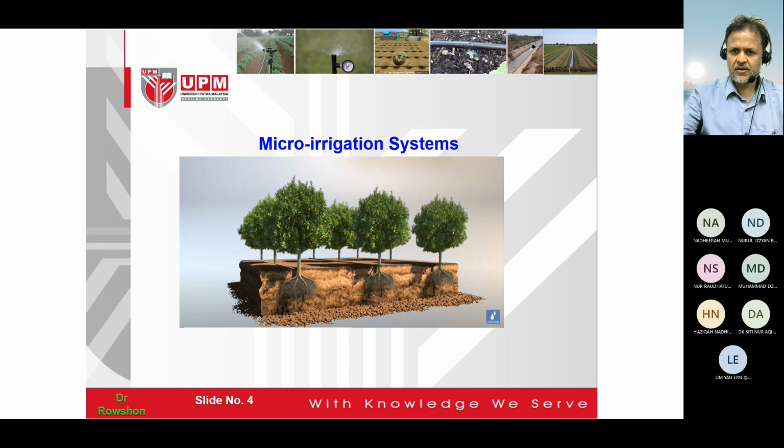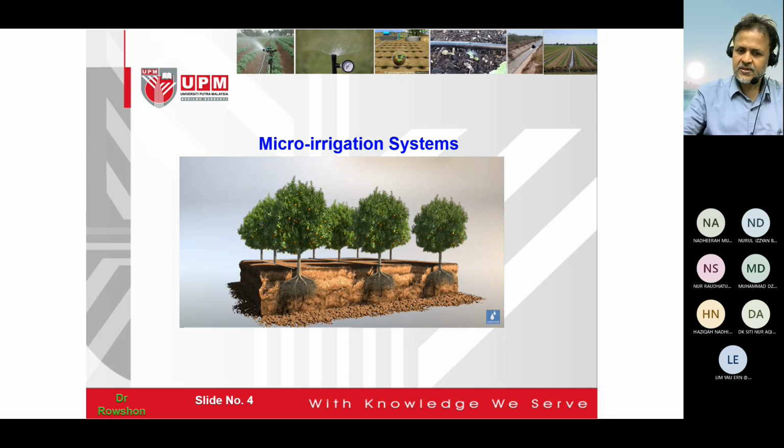Sometimes we call it maximum soil water deficit, and this one is called maximum allowed depletion or maximum allowed deficit. It is the same thing. Different people use different terms, but it is the same.